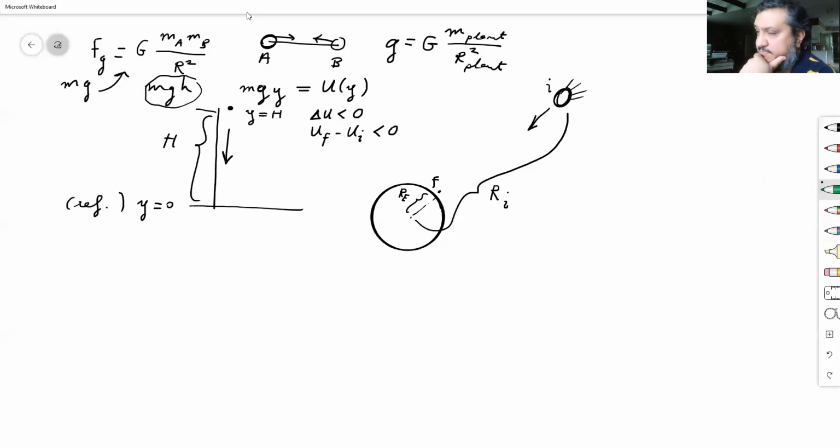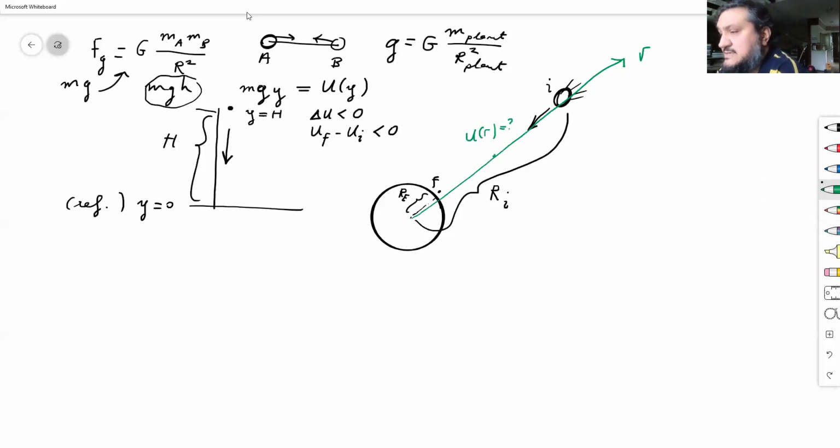So along this line here, this is the radial coordinate r. And what happens when you're here, r away from the center of the Earth? What is your gravitational potential energy right there as a function of r?